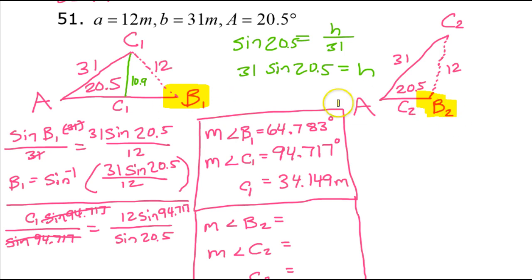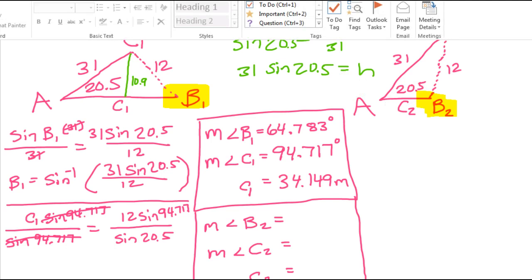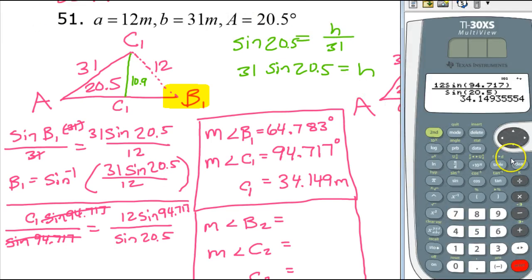Since I already have B1, I can just subtract from 180 to find B2. So 180 minus 64.783, and that's going to be angle B2, 115.217.